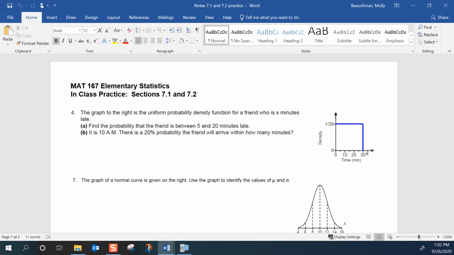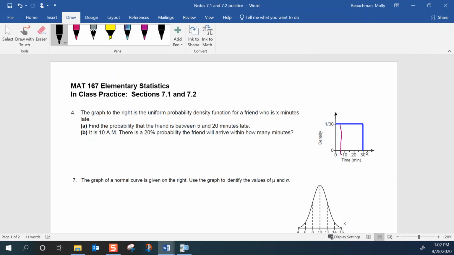So the probability that your friend is between 5 and 20 minutes late is the area corresponding to that rectangle. Between 5 and 20 is 15 minutes. So to find the probability for A, the area is 15 minutes times 1/30, which is the height of the rectangle, which is 0.5 or 1/2.